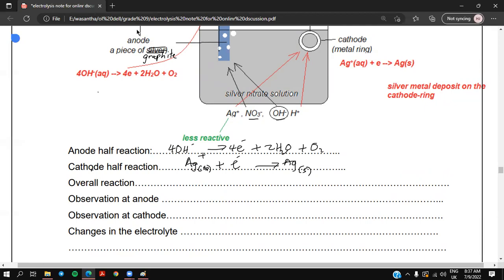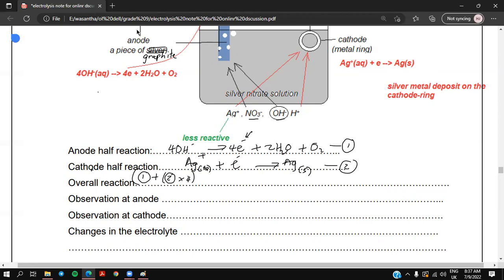If you look at the first equation, it has 4 electrons. Second equation has only 1 electron. So to write the overall equation, I can say 1 plus 2 into 4. Why do I do it?